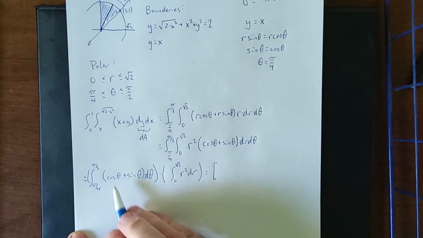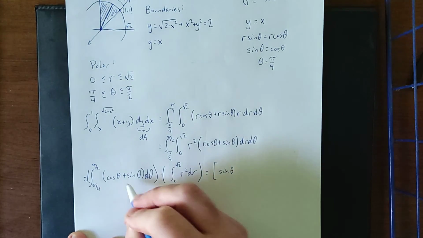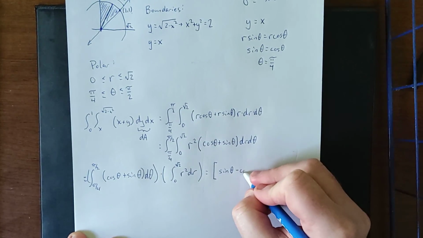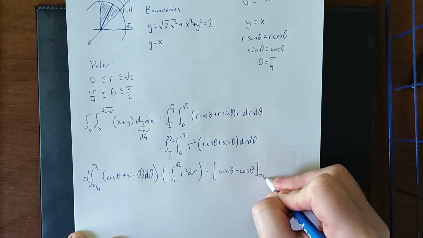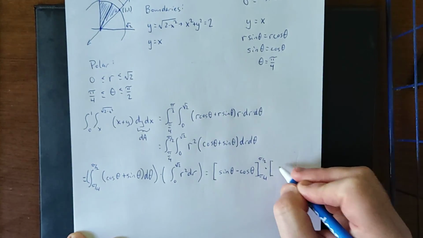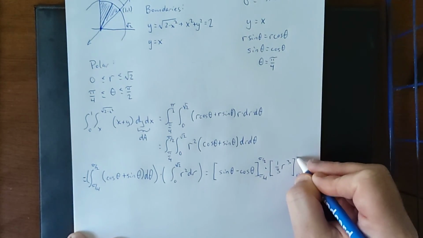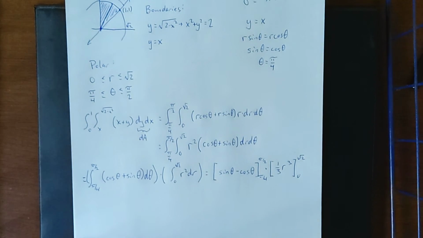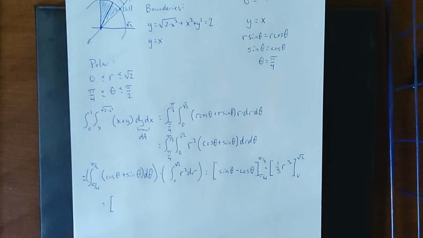Performing these integrals, cosine of theta will become sine of theta, plus sine of theta will become minus cosine of theta. That's going to go from lower bound pi over 4 to upper bound pi over 2, times 1/3 r cubed, going from 0 to the square root of 2. Simplifying each of these, we'll start with the theta functions.